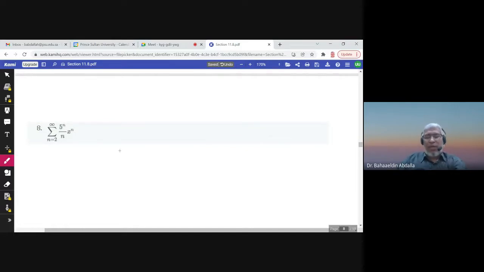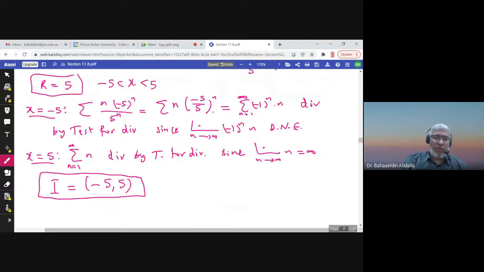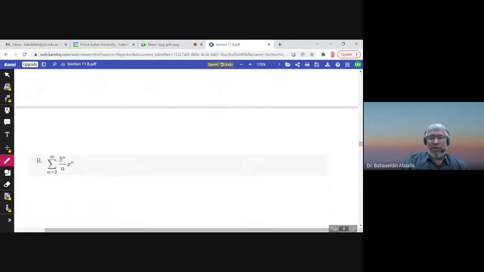I think this is the same series as the previous one, but the reciprocal. 5 to the power n is in the numerator now. So what would happen? What would be the effect? Let us see. This is a n plus 1.